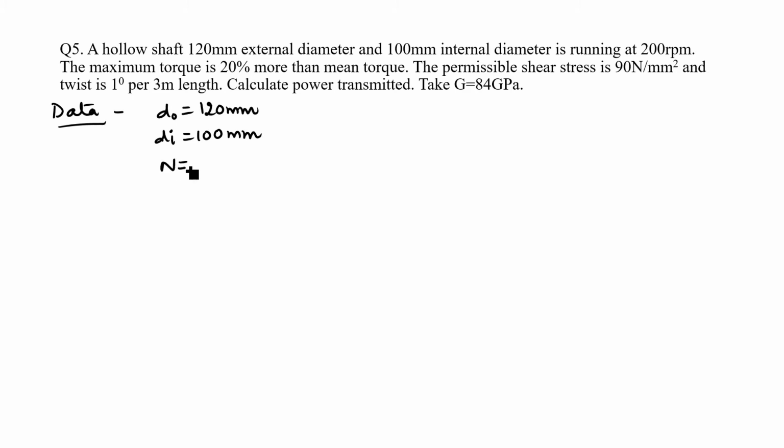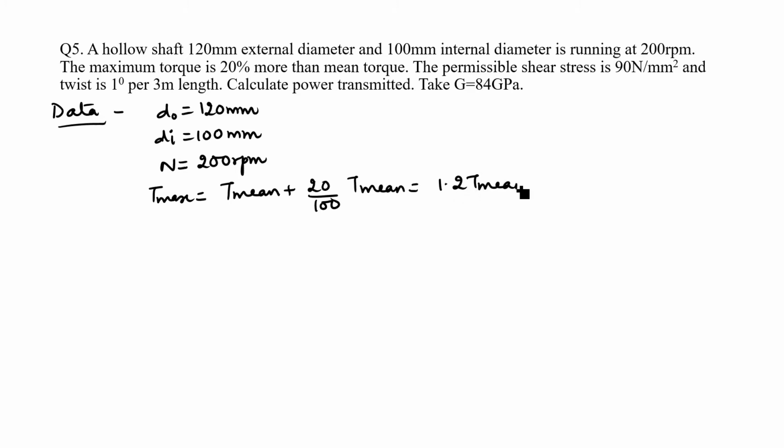So speed is given as 200 rpm. The maximum torque T max is 20% more than the mean torque. So it is T mean plus 20% more than it. So this will make it 1.2 times T mean.